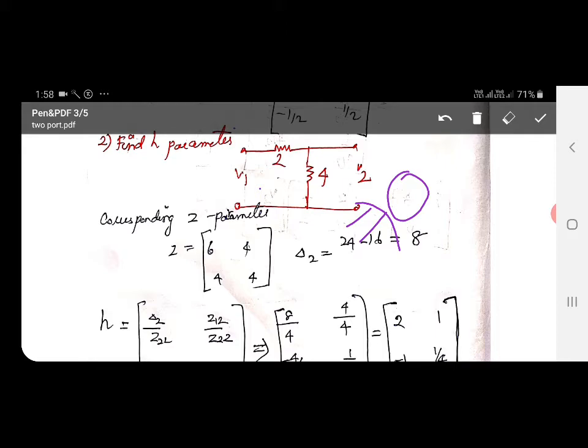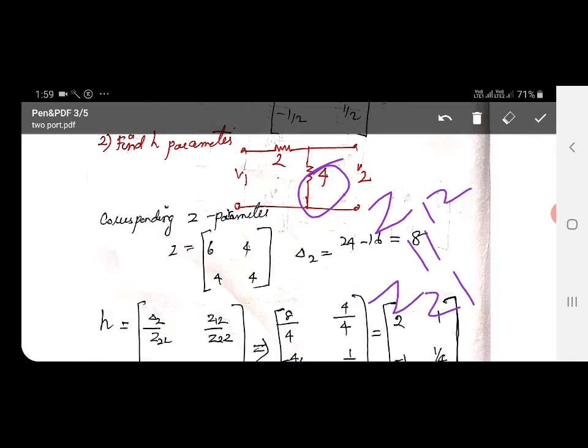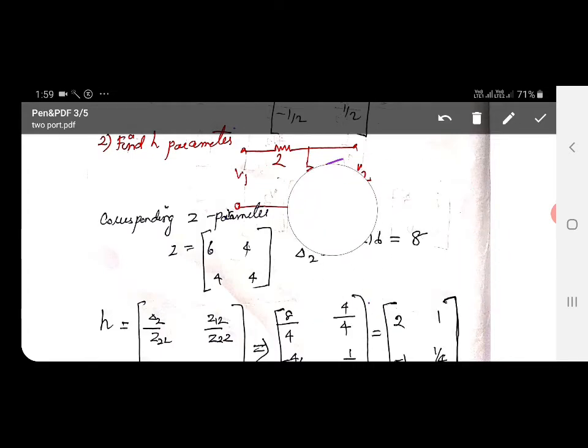We know the format for converting a T network to a Z matrix; we saw before how to convert a T network into the corresponding Z matrix. For Z11 we take 2 plus 4, which is 6. Z12 is equal to Z21, which is 4.